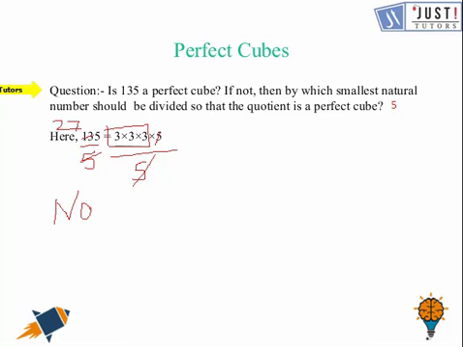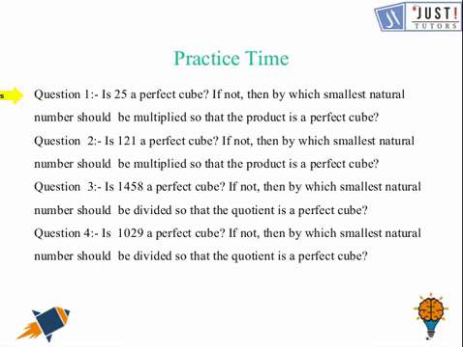Now let us try a practice question. Let's try number 1. Is 25 a perfect cube? Again with the prime factorization method, let's see. 25 we can write as 5 times 5. But I can see this is not a perfect cube, since we need one more 5 to make it a perfect cube.